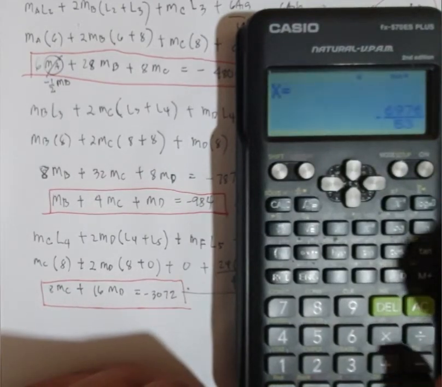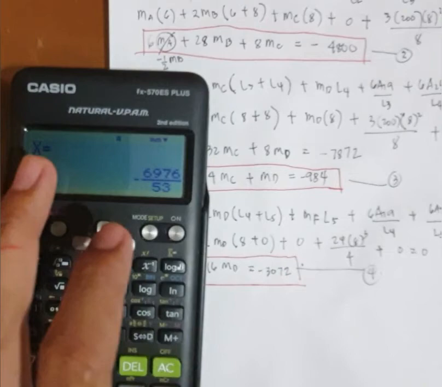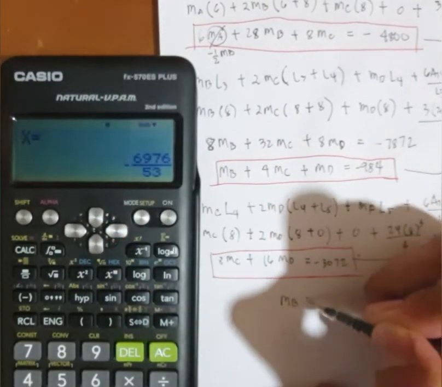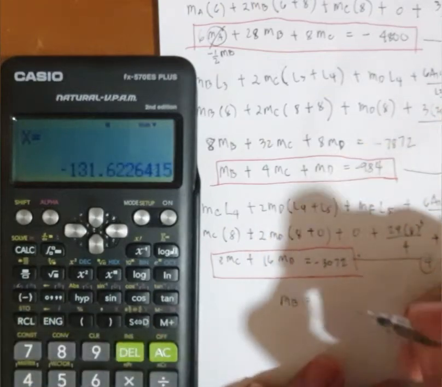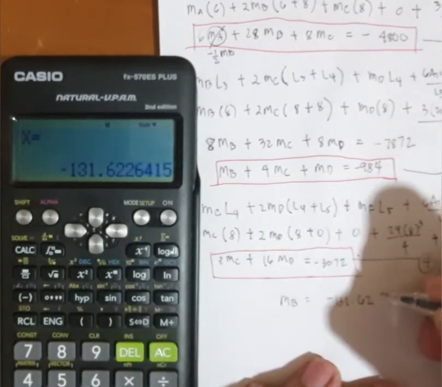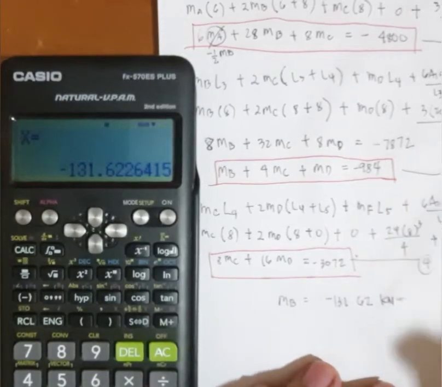Equals. Okay, so X stands for the moment at B, which is negative 131.62 kilonewton meter.